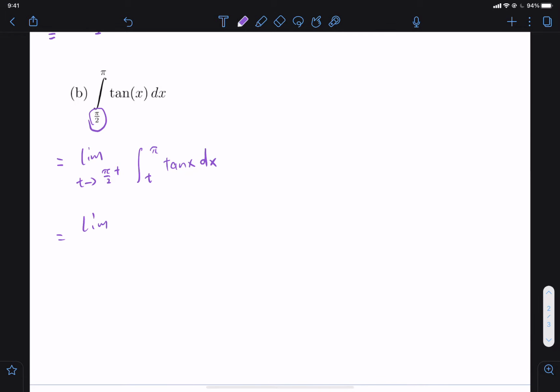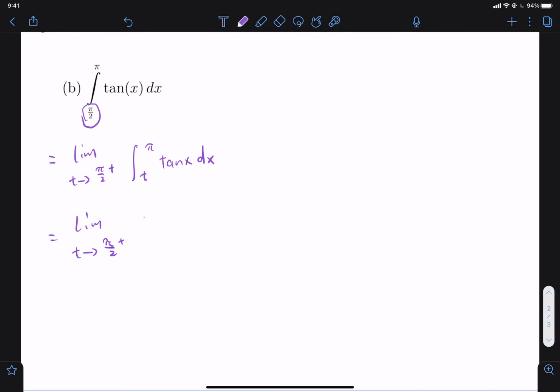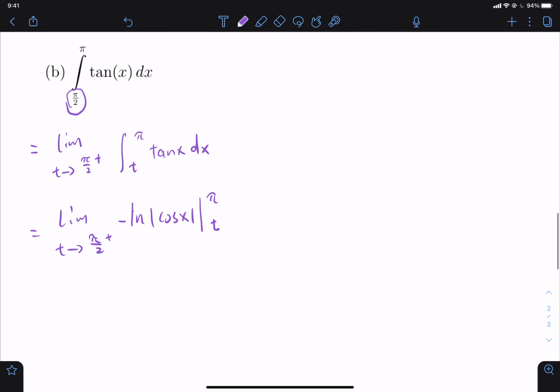Now we can look up our formula sheet to find out what this integral is. Right? This integral is negative ln of cos x, from t to pi, so that is from our formula sheet.